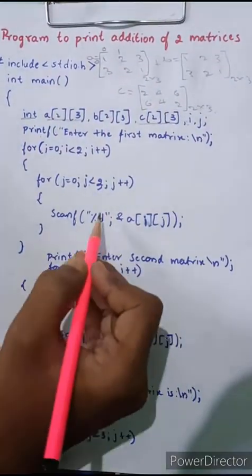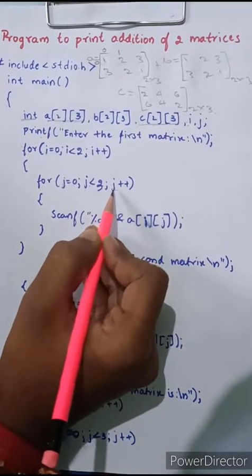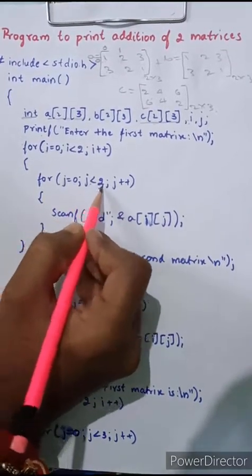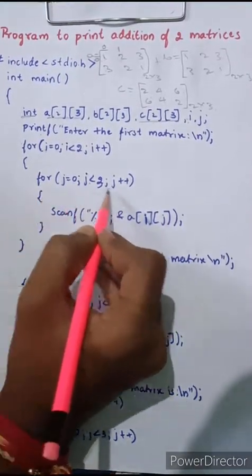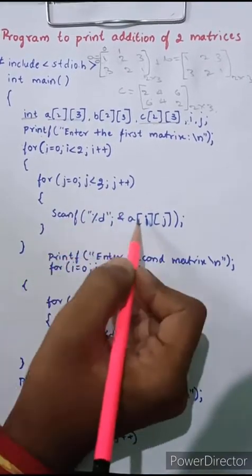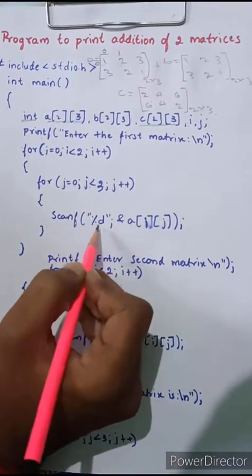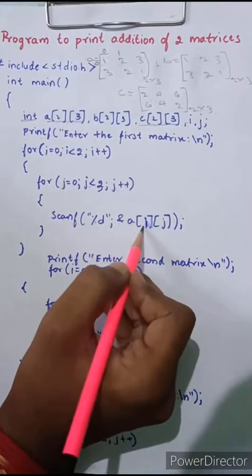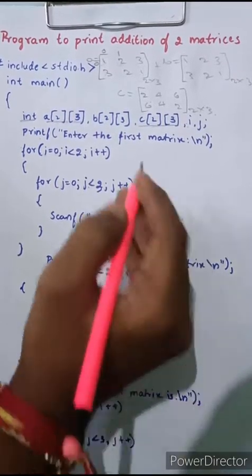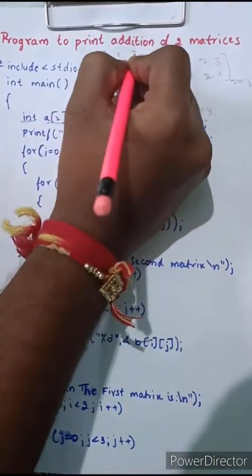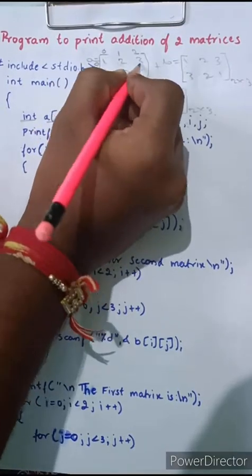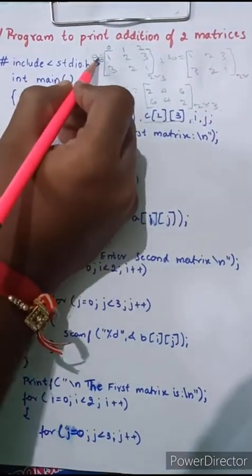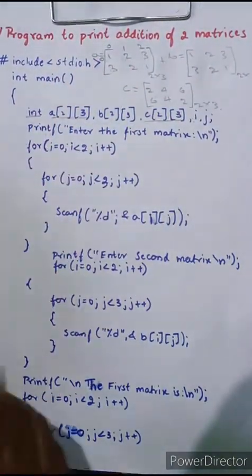Next j plus plus, j value becomes 2, 2 is less than 3, the condition is true, and the scanf is executed. Scanf %d ampersand a of 0 comma 2, and this is the placeholder of a of 0 comma 2, and 3 is the value of a of 0 comma 2.